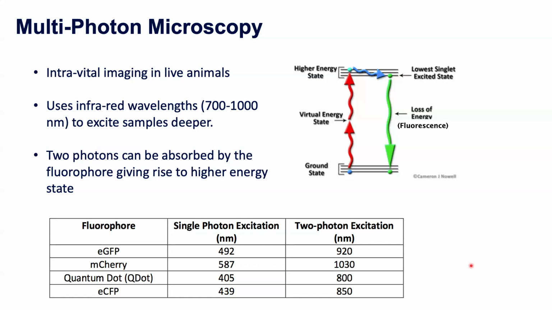And what we're doing here, if you remember the Jablonski diagram that we had from the last lecture, rather than having a single photon of light take us from the ground state up to the excited state, what we're actually looking at is having, in this case, 2 photons hitting the molecule at the same time and causing the same effect.